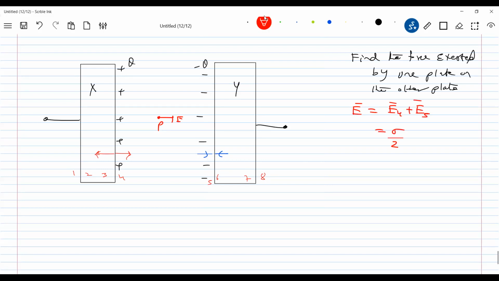And we know this is sigma by 2 epsilon naught I cap. There's another background, what we know.